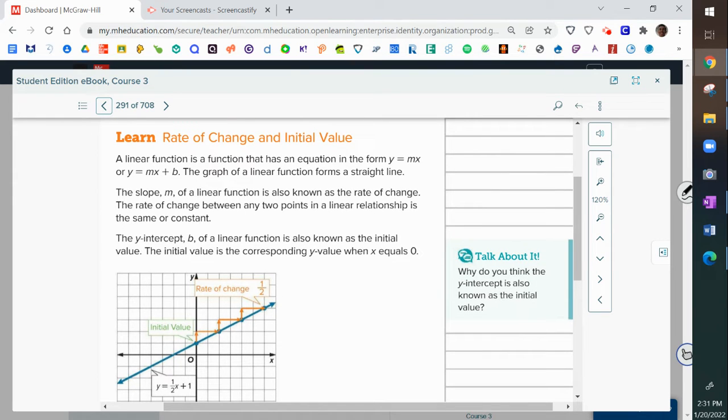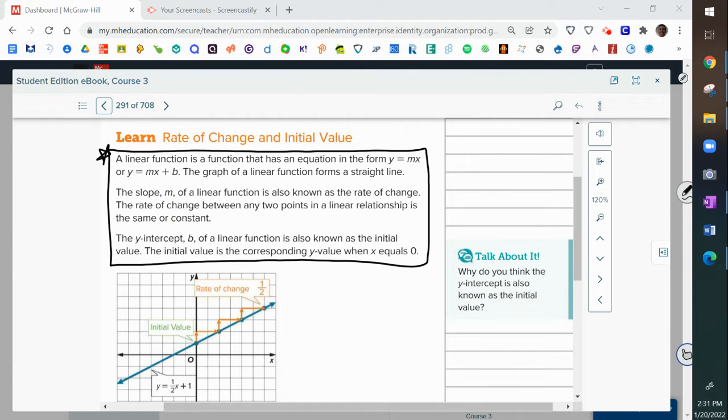This is really important for you to read. Once you box that out and start, that's just a summary of everything we did in lesson 4. All right, so we know these two forms of our equations. This is for proportional linear, and this guy here is non-proportional linear.